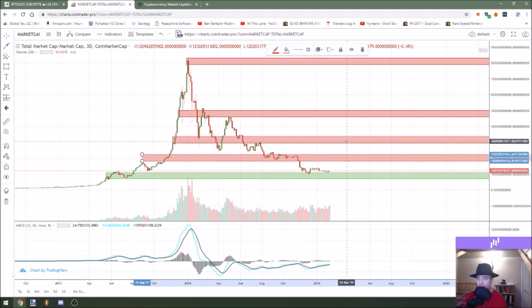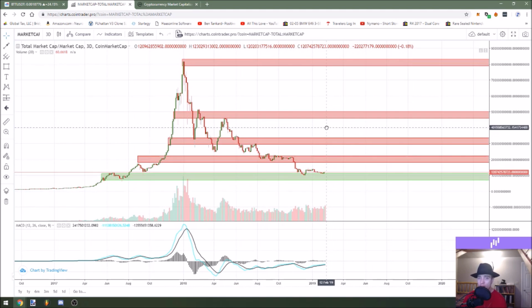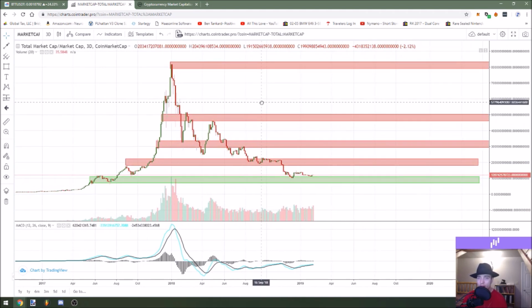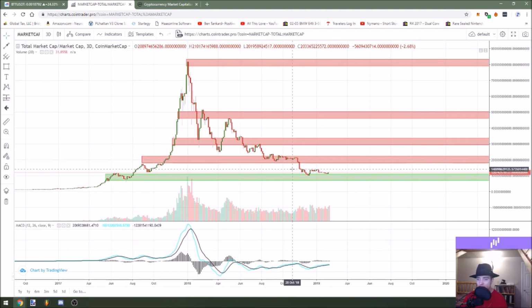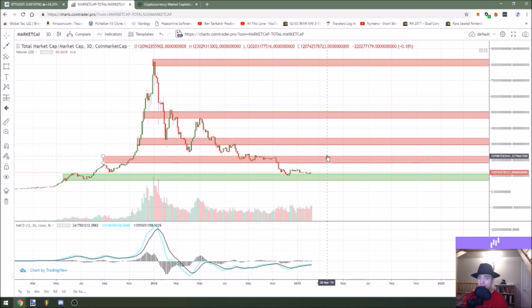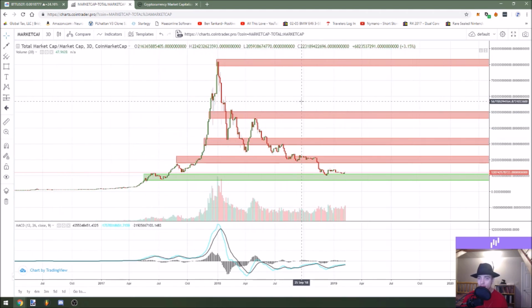And if we start getting above these resistance levels on the bigger time frame, then that will confirm that the uptrend is back in the markets and we could see a lot more upside in the future for crypto. Now, we do have to get through all of these resistance levels, so that's not going to happen overnight. But as we break above them, we'll have more confidence in the market as we get closer and closer to the previous market cap levels that we saw.